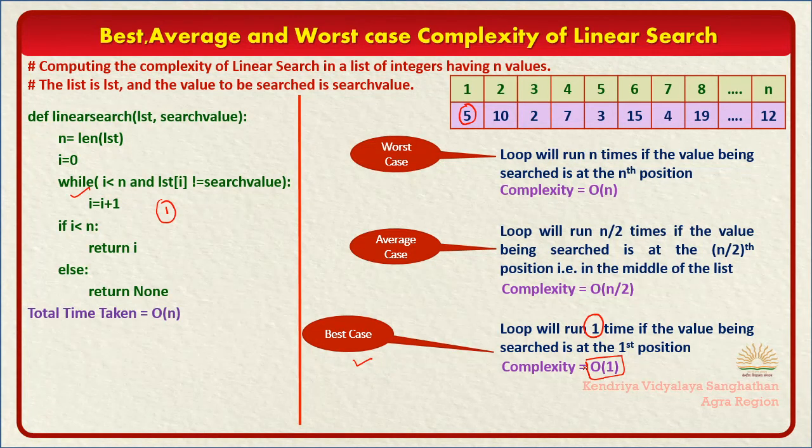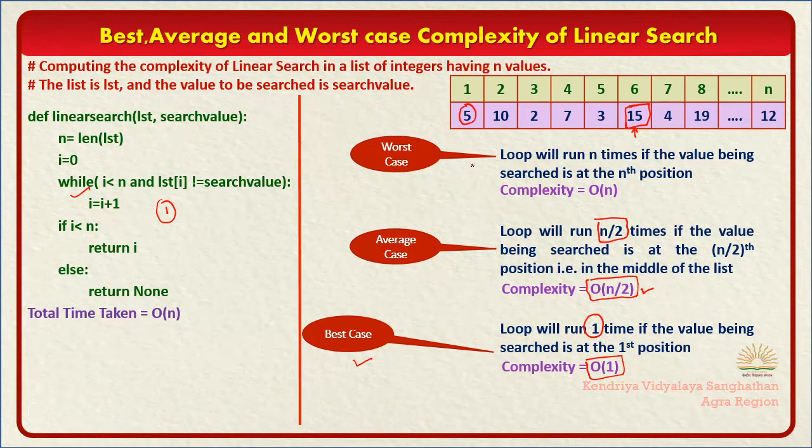And if the item we are searching for is somewhere exactly in the middle of the list, in that case the loop will run for half times, n by 2 times. So in that case the complexity will be half of n, so it is order of n by 2.